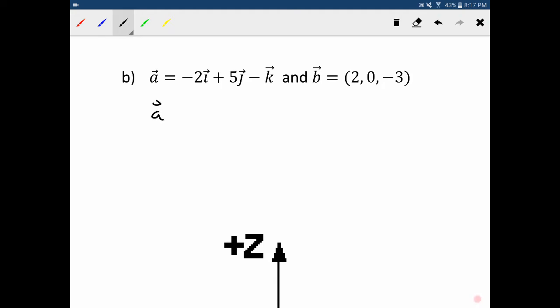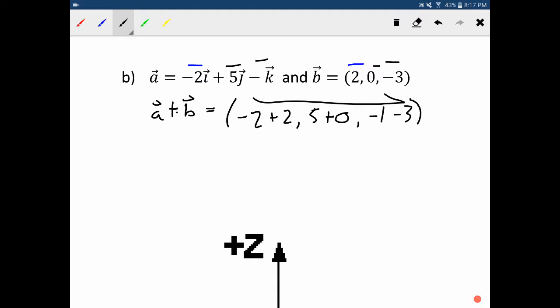For the second one, we've got a plus b, and same thing, we go through all the different components. We've got negative 2 plus 2, 5 plus 0, and negative 1 minus 3. That gives us 0, 5, and negative 4.